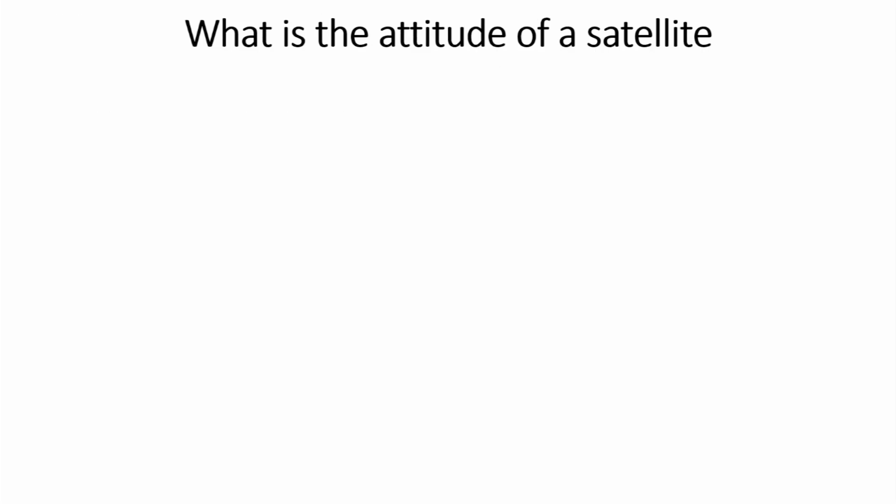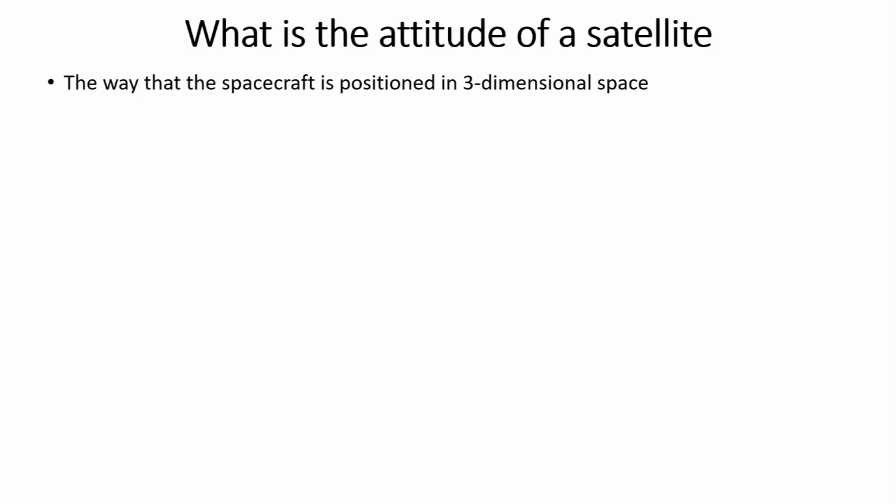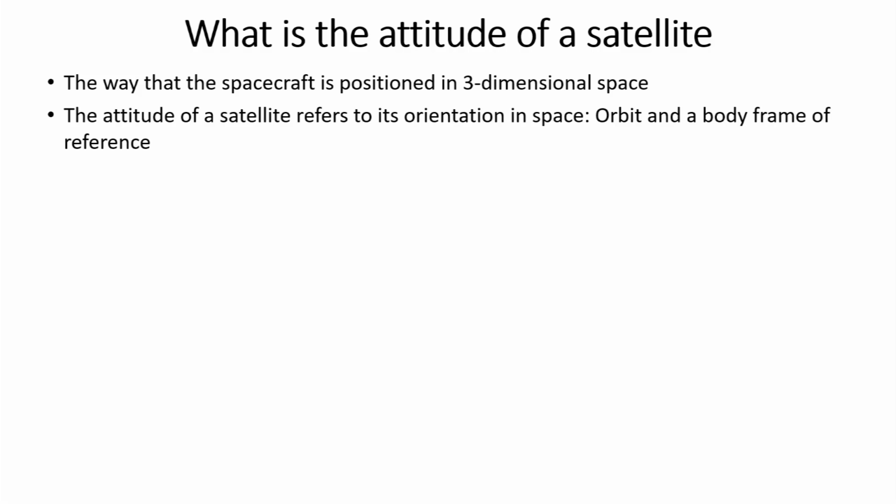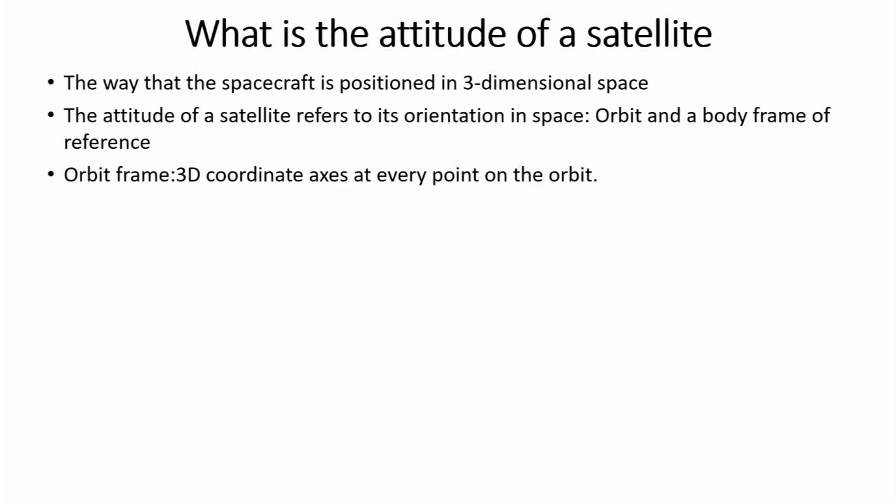Now, we mentioned the attitude. What is the attitude of a satellite? Attitude of the satellite means the way the spacecraft is positioned in three dimensional space. The attitude of a satellite refers to the orientation in space, in the orbit and the body frame of reference. We will explain what the orbit frame and the body frame are.